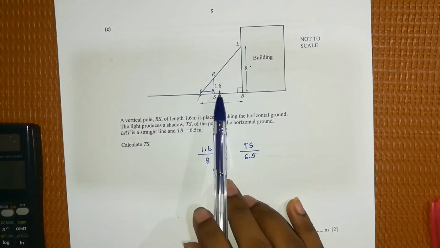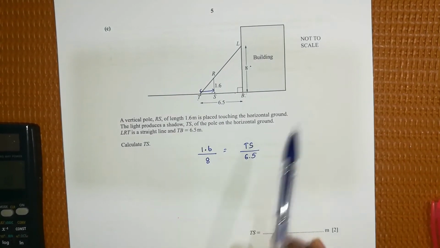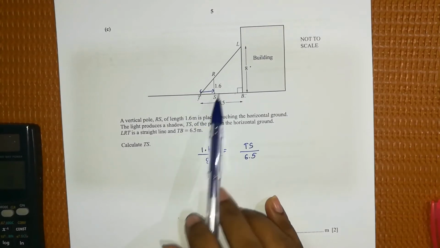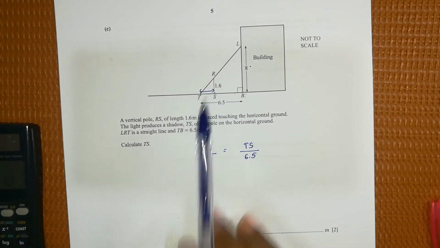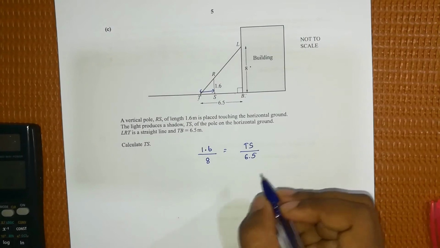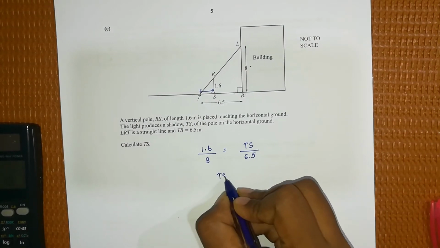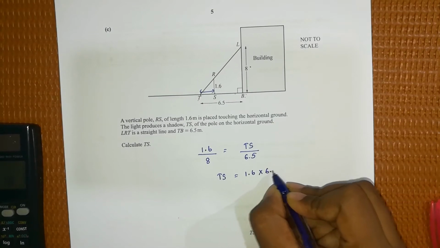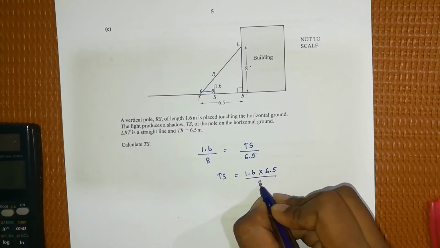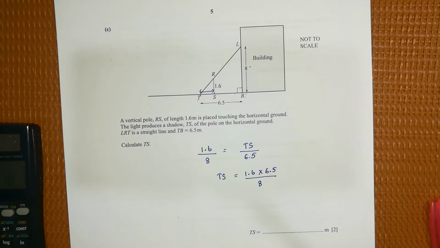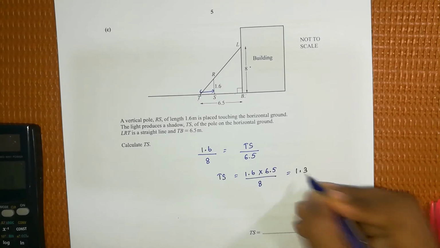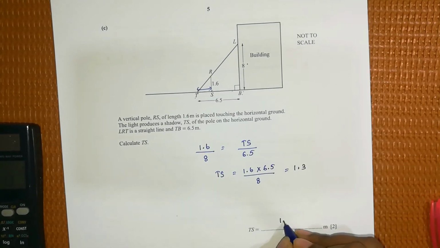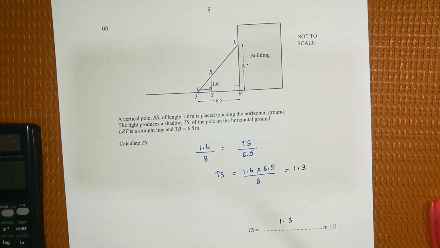Now here I considered 1.6 first, so in this case also I have to consider the side in that triangle. So we have to do a cross multiplication. TS is 1.6 multiplied by 6.5 divided by 8. Answer is 1.3 meters.